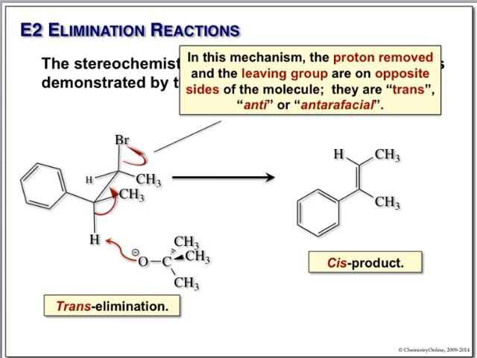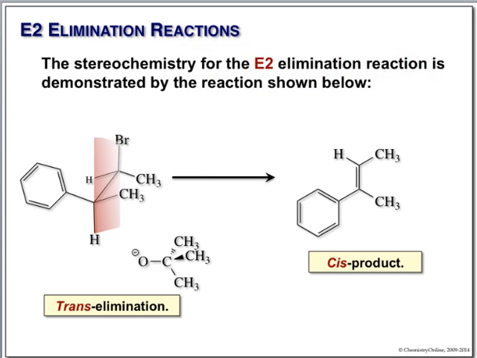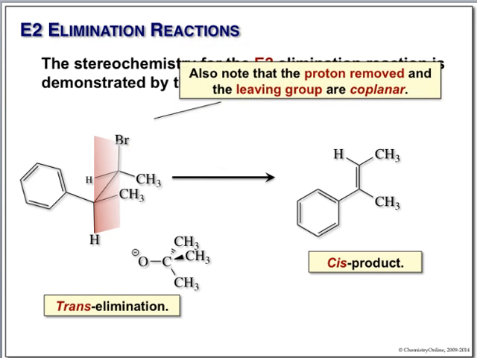Opposite sides of the face. Once again, these guys must be in the same plane. There's where anterofacial comes in. This is the hydrogen that's removed. That's the bromine that goes.